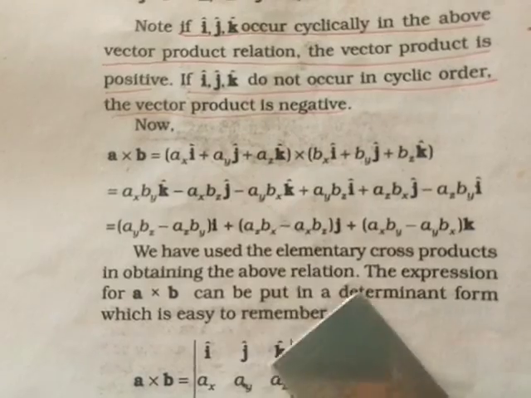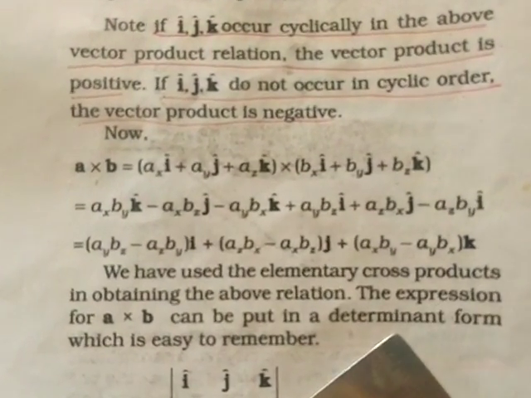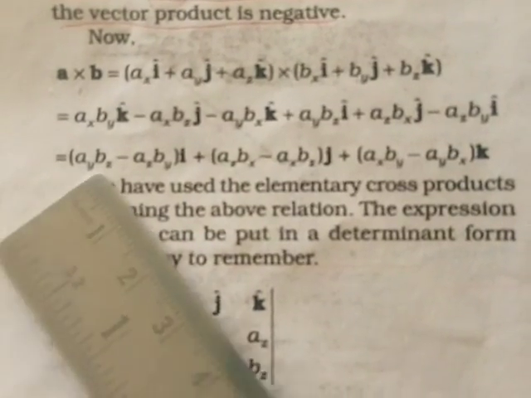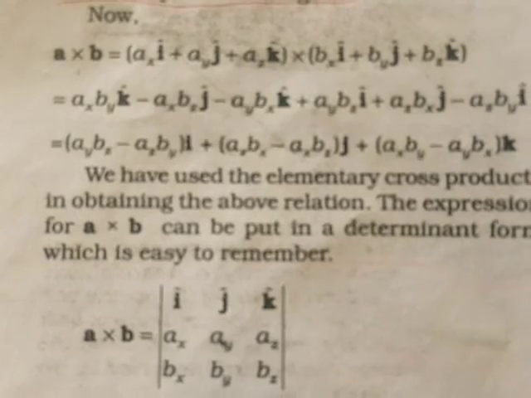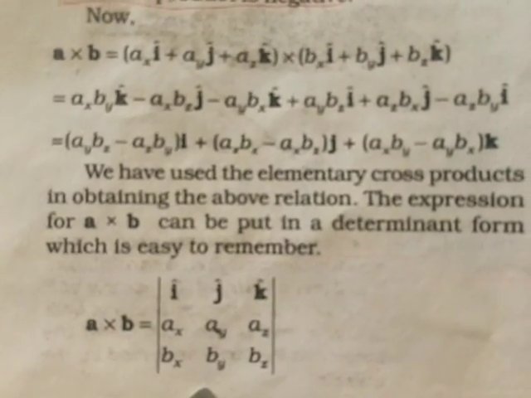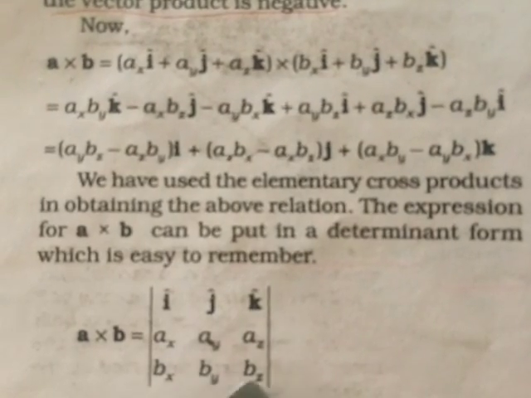Plus the last term is with K, this one and this one, together take K common. So we get the vector product in component form, but usually we use the determinant, given by I, J, K, AX, AY, AZ, BX, BY, BZ.